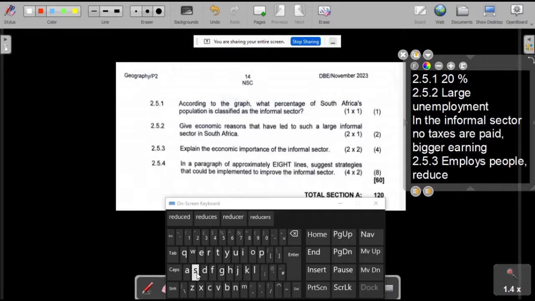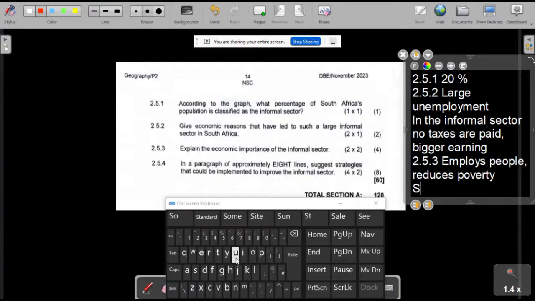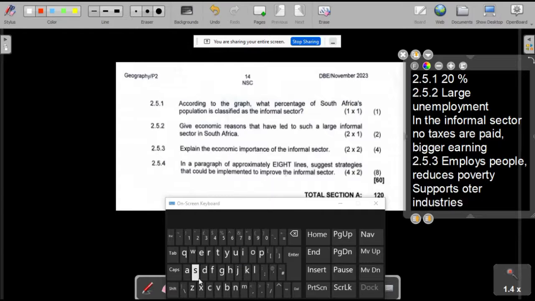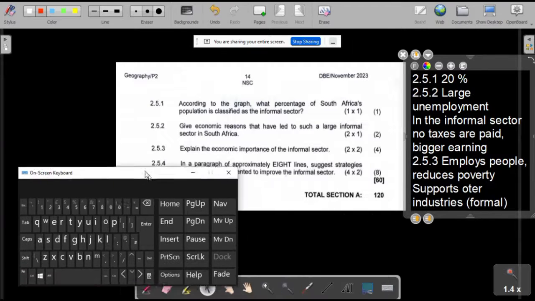And then second of all, it supports other industries, because they usually buy from other industries, usually formal industries. So I'll just open brackets, formal. Formal businesses actually benefit from this.